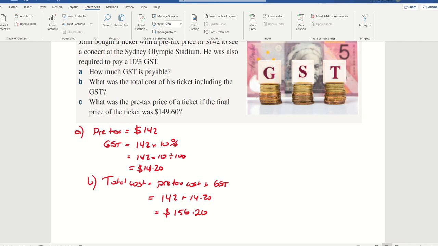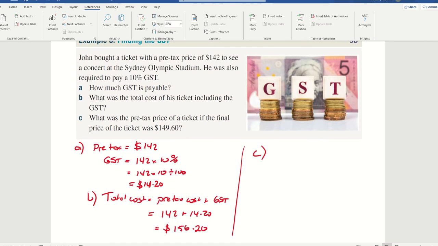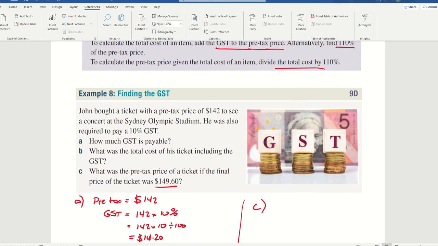Okay, so the next thing we are being asked to do is: what was the pre-tax price for a ticket if the final price of the ticket was $149.60? Now, it does say divide the total cost by 110%, and we will do that.